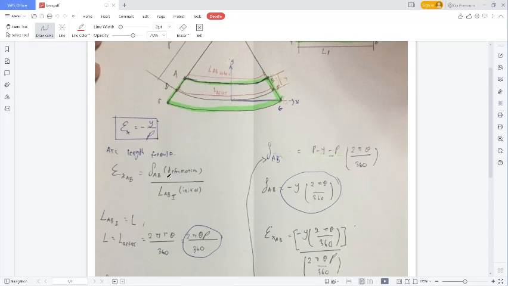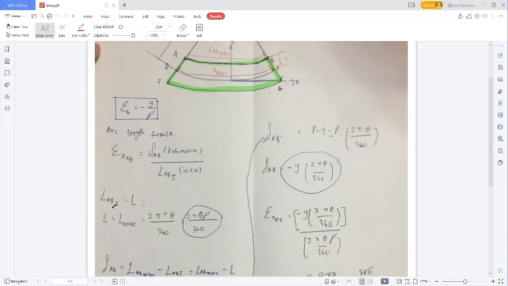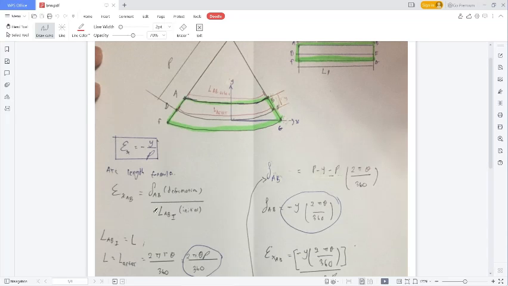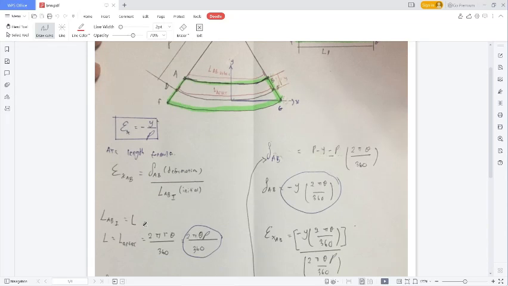In this case, the deformation of AB over the initial length of AB. The initial length of AB is nothing but the length of the neutral surface DE, which I denoted as L. So L_AB initial is equal to L.